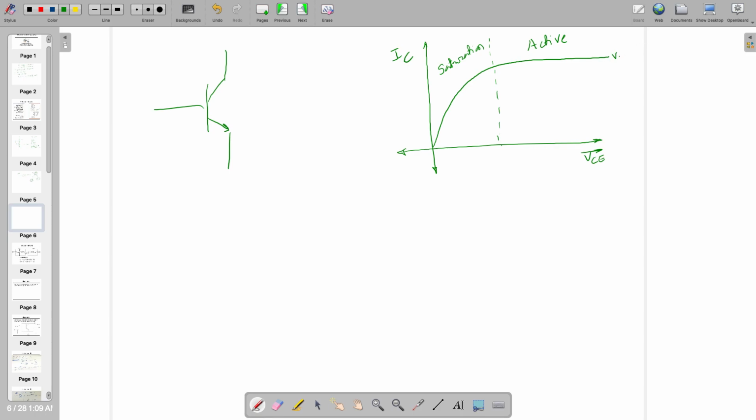This is for a given VBE. The whole characteristic is a DC characteristic, and let's assume that it is working at this point. Means for a given VBE of some value greater than 0.7 volt, I am going to observe some VCE that is also DC, and some current.